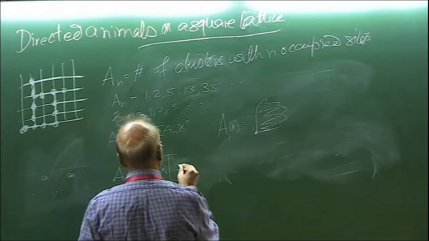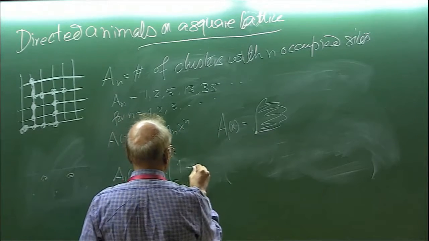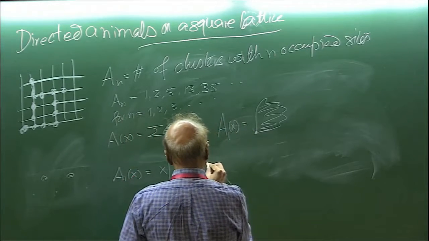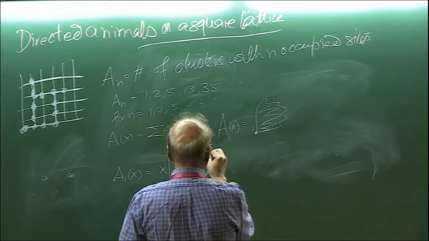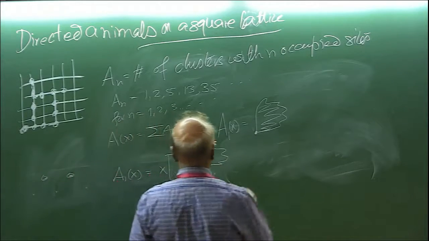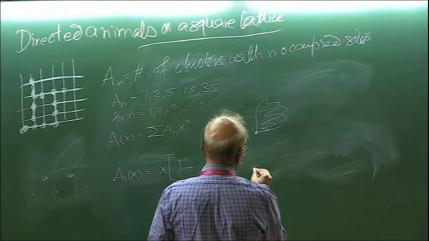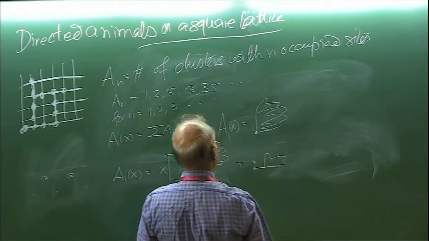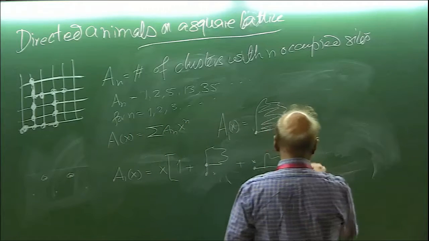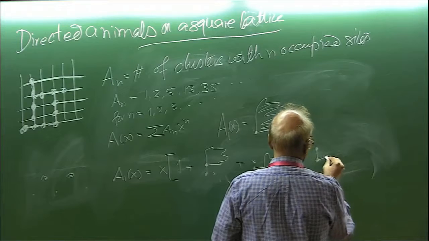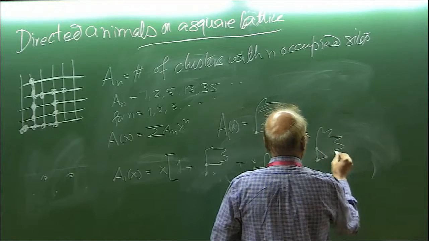But maybe this site is occupied and there is one site above and this site is not occupied and there is a cluster like this. Or you may have something like this where this site is unoccupied and there is a cluster like this. Or you may have both of these sites occupied and there is a cluster like that beyond.